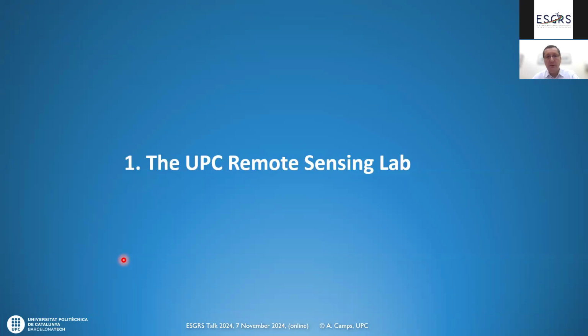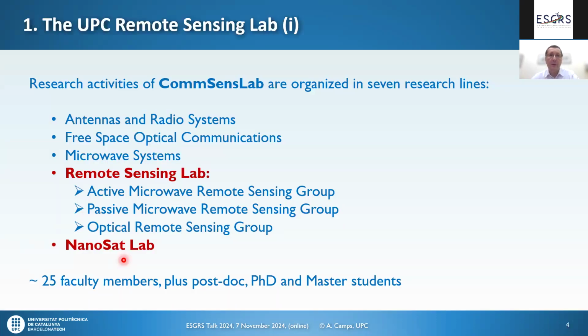So the UPC Remote Sensing Lab. We are physically based in the School of Telecommunications Engineering in Barcelona, in the north east of Spain, and we are part of what is called the ComSense Lab, okay, which is basically a group focused in communications and remote sensing.